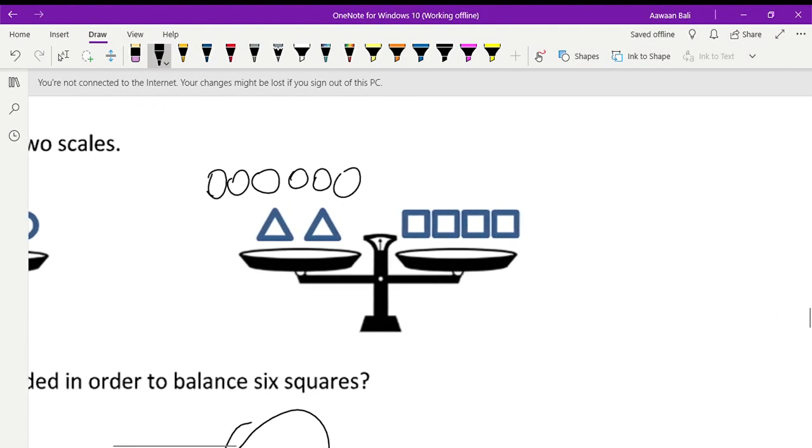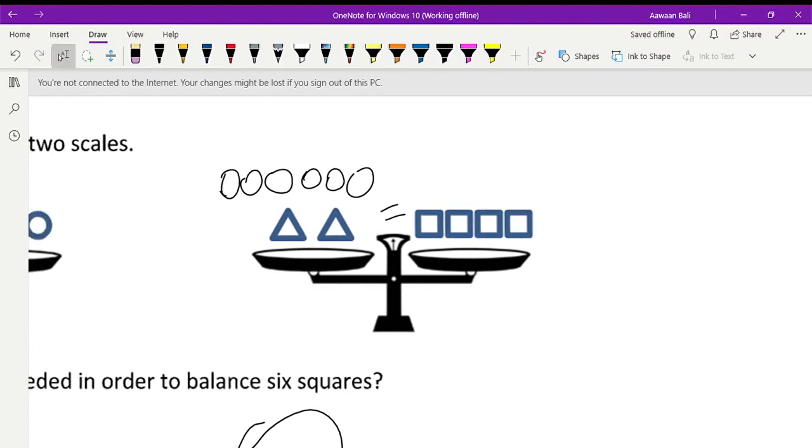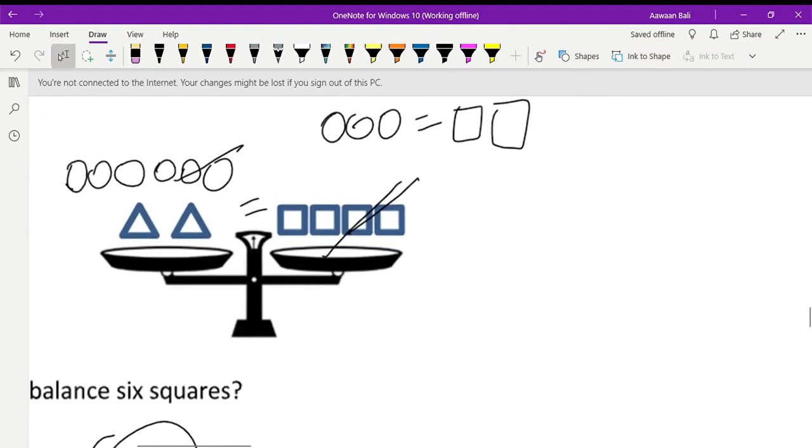So if 6 circles are the same as 4 squares, we can treat both sides the same by dividing by 2. So basically we take away one group in both of them, and we say that 3 circles is equal to 2 squares. And now it's saying to balance 6 squares, so we multiply both sides by 3.